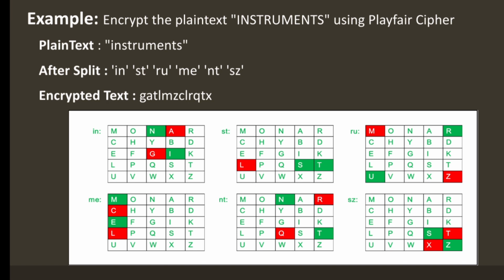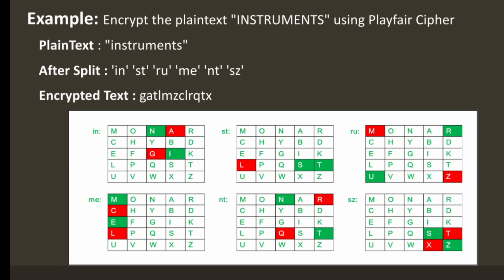Playfair cipher. Now to encrypt IN, consider the first 5 cross 5 grid in the image. We have to encrypt IN using Playfair cipher, like consider the I row and N column, and the letter which falls in the I row and N column is A, so take out the A. Similarly goes for N. Consider the N row and I column where the letter C falls between those two.